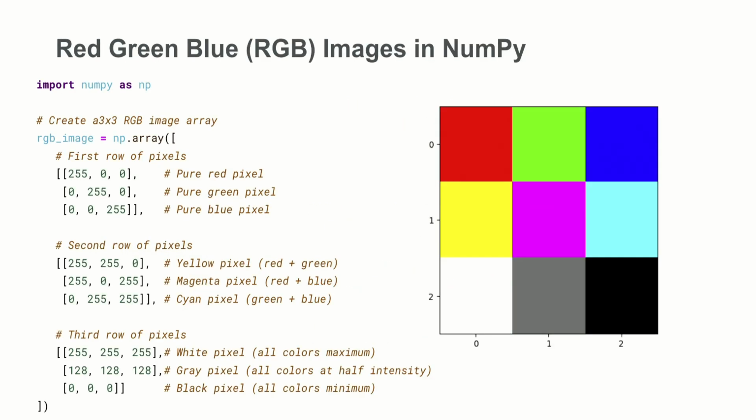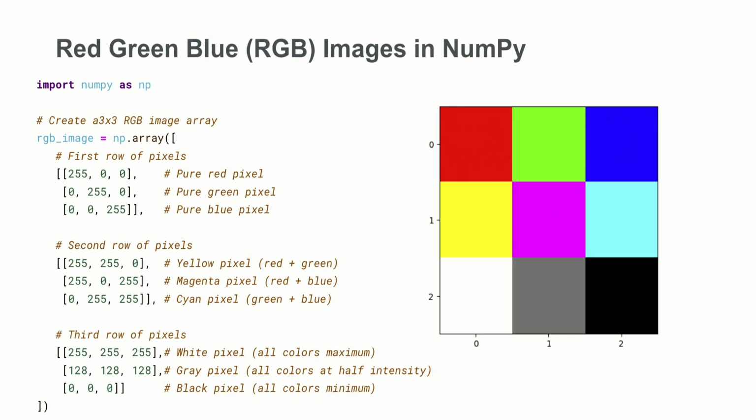Here we see how red, green, and blue images can be produced and manipulated in NumPy. We have a NumPy array that has 3 by 3 pixels, and we are defining here the different intensities in terms of red, green, and blue values on each one of the pixels. And you can see how this looks.